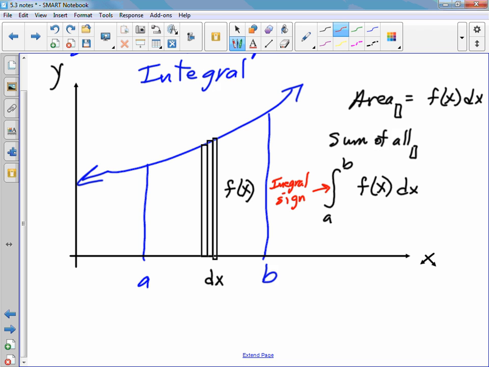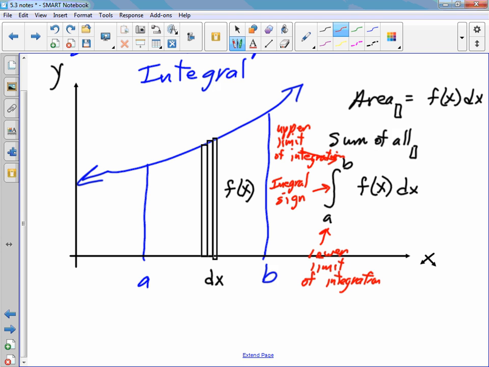We have the lower limit of integration. All right, you guys, pretend to be paying attention. Lower limit of integration. Guess what B would be called? Oh, I can't get anything past you. Upper limit of integration. Okay, B, upper limit of integration.